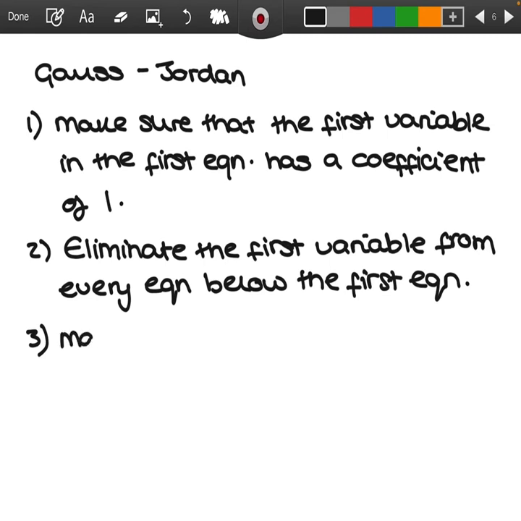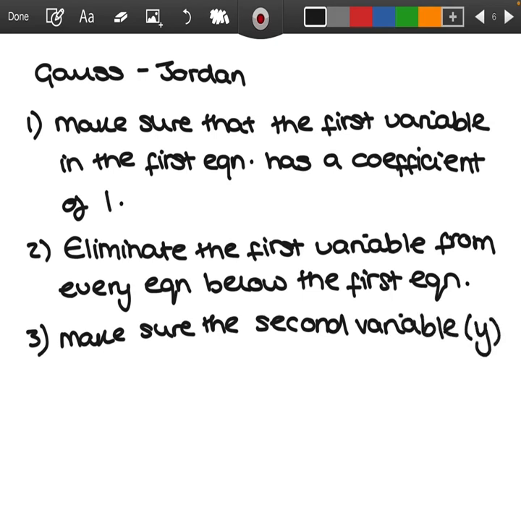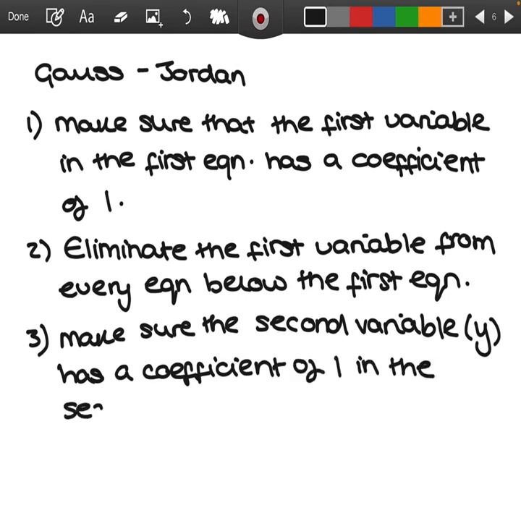Okay. Next, you're going to make sure that your second variable in the second equation, which in our case was y, has a coefficient of 1 in the second equation.